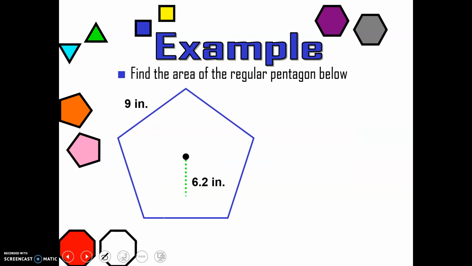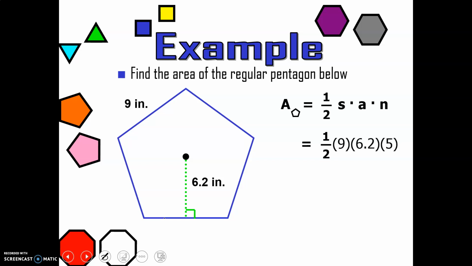All right, so in this example here, we're going to find the area of this regular pentagon. So notice that the side length is 9, that's our S. The apothem is 6.2, and we are given 5 total sides.